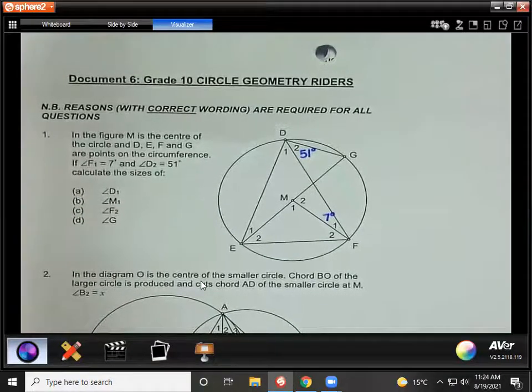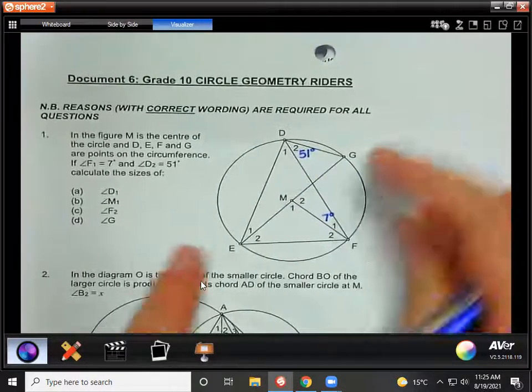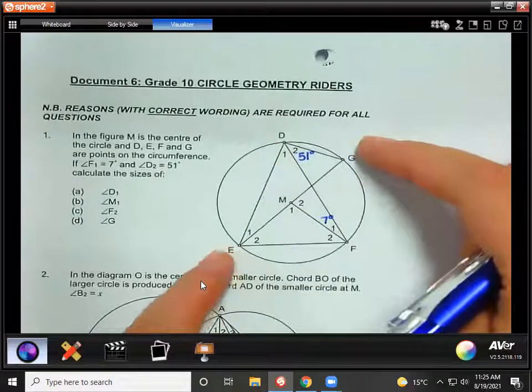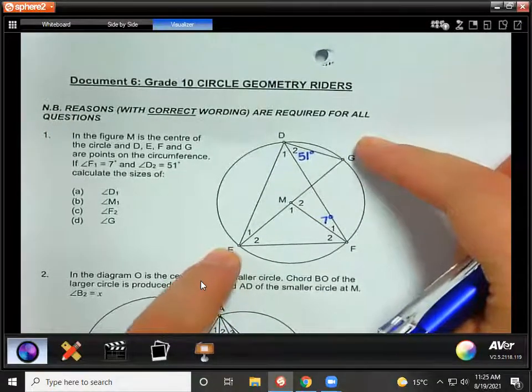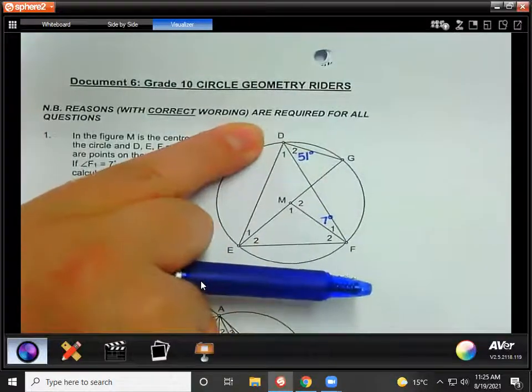Okay, D1, this angle over here. Any ideas? Yes. Angle in semicircle, right? Yes. So here we have the diameter. We know that a diameter subtends a 90-degree angle. So angle D, the whole thing is 90.